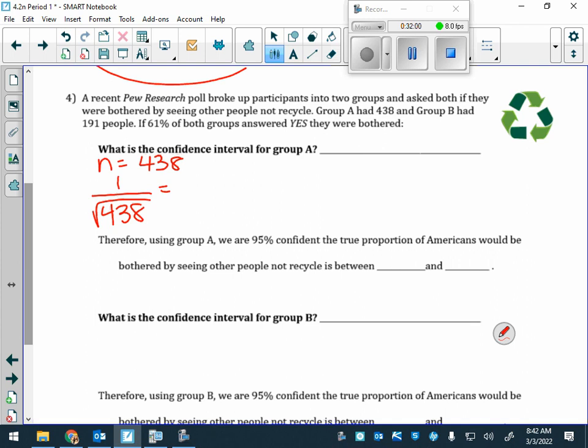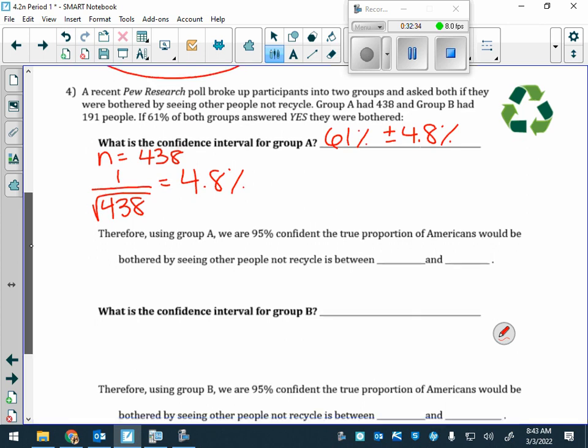So what do we get? 4.8. So we have 4.8% is the margin of error. So the interval for Group A is 61% plus or minus 4.8%. It's your statistic plus or minus your margin of error.